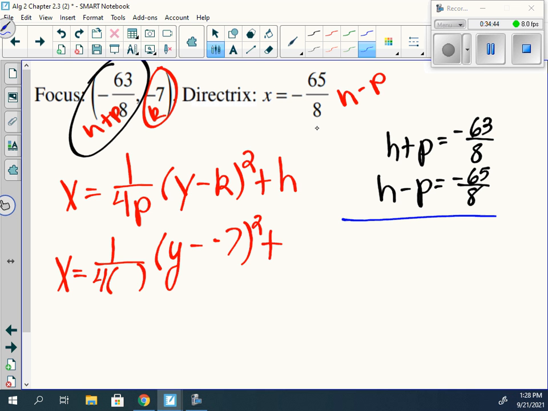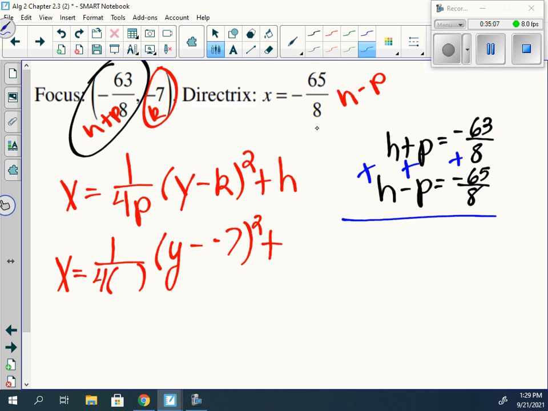Now, would we add or subtract these? If we add them together, p plus negative p is 0, isn't it? What happens if I subtract?